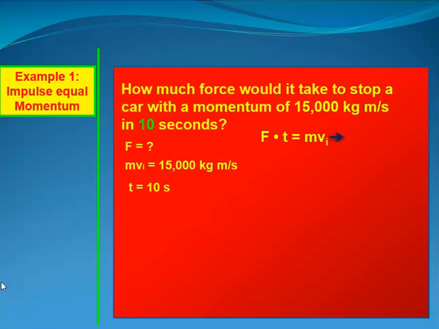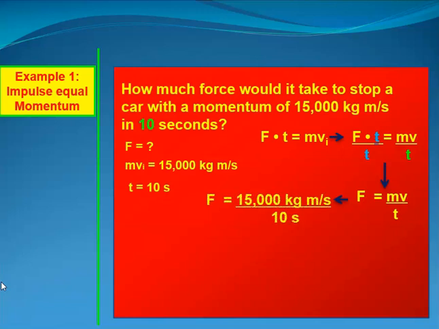Now you do a little algebra on that, and you're going to divide both sides by t. And you end up with force equals mv, the momentum, divided by time. So now you can come back and plug in the numbers, and you get 15,000 over 10 seconds. So 1,500 newtons of force would be required to stop that car in 10 seconds.